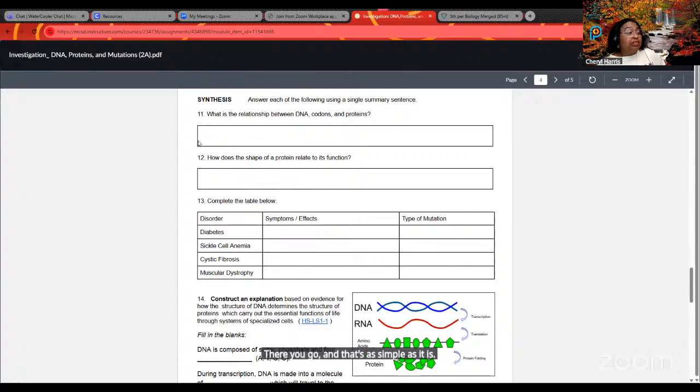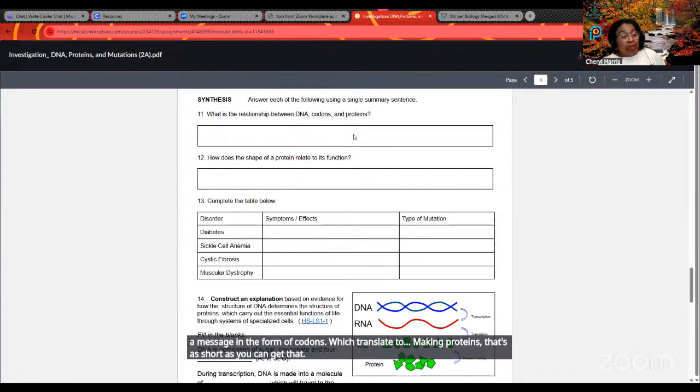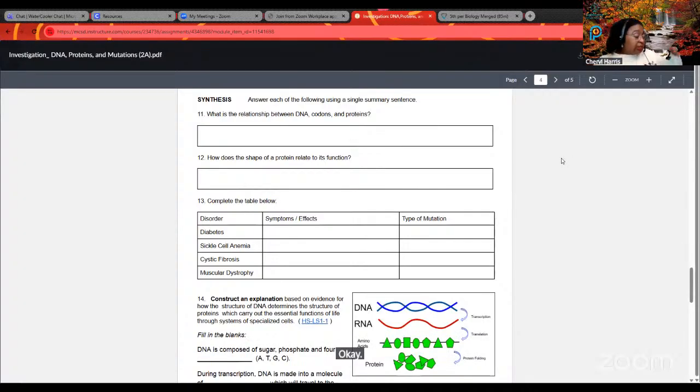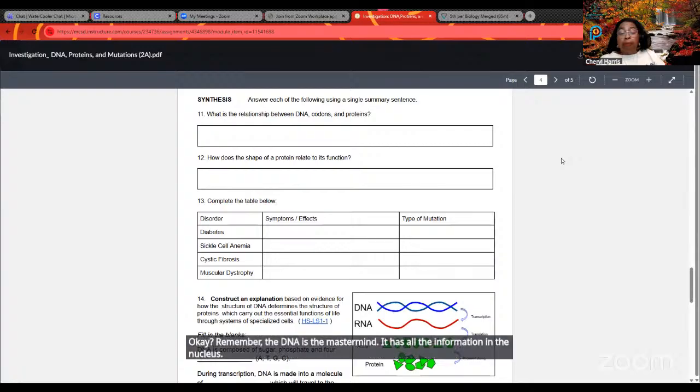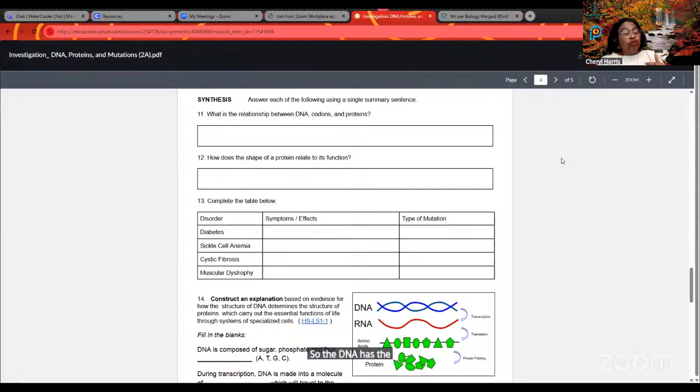DNA creates a message in the form of codons, which translate to making proteins. That's as short as you can get that. Okay. Remember, the DNA is the mastermind. It has all the information in the nucleus. So the DNA has the information for the codons, which translate to getting the amino acids which make our proteins. That's one sentence.